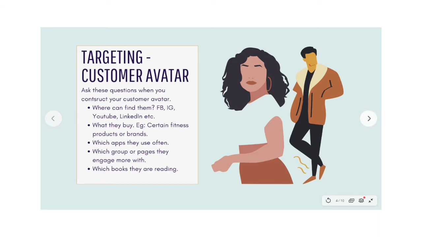So these are the various ways you can come up with your customer avatar, which is used for your targeting. Customer avatar is nothing but the ideal customer. If you have to sketch out a female client who would want to purchase your product, how would you categorize them? The kind of definitions you would give them is what we call a customer avatar.